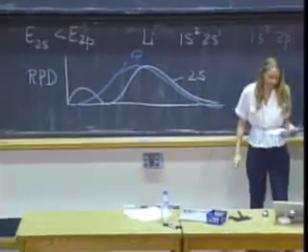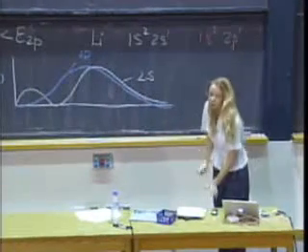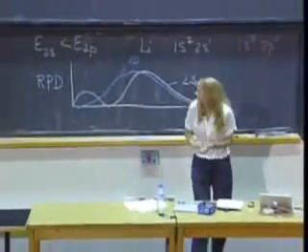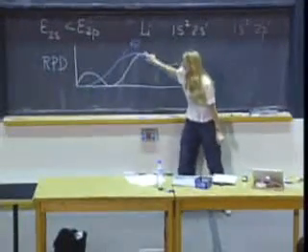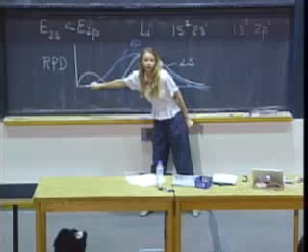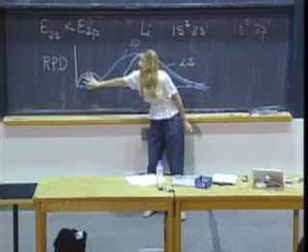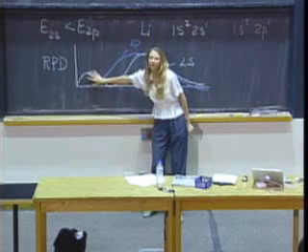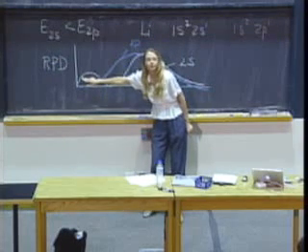Now, we have to do a thought experiment here, and that is this. If you look at the 2s radial probability distribution function, there is a part of this distribution function that is really close to the nucleus.